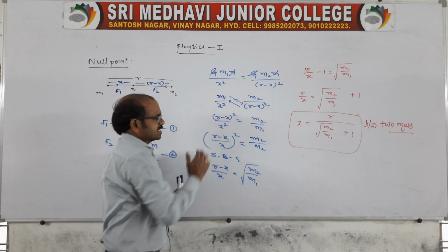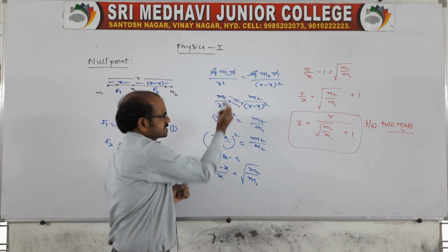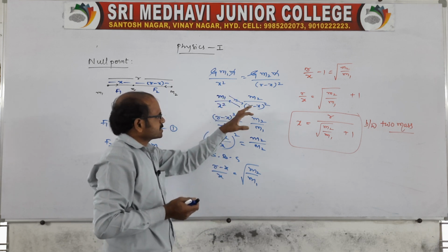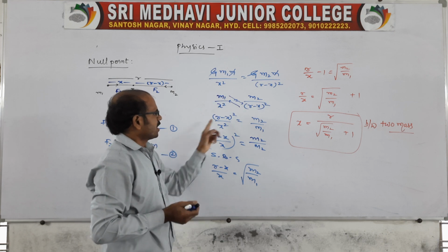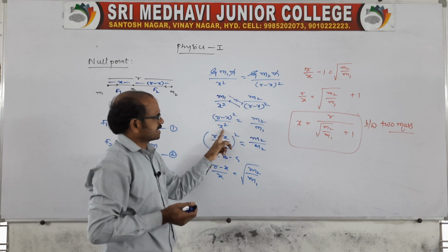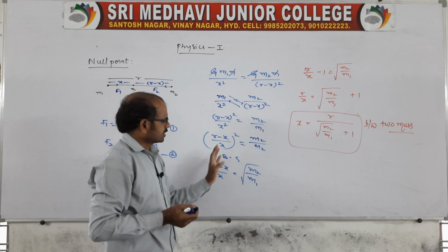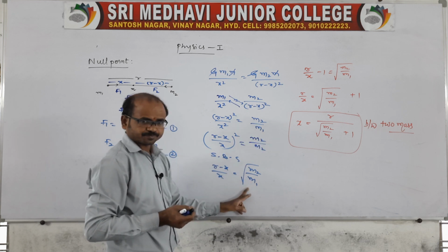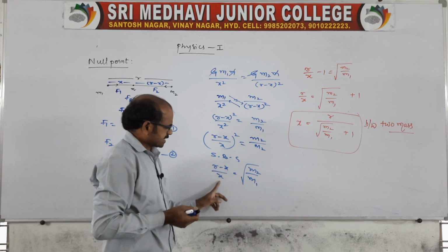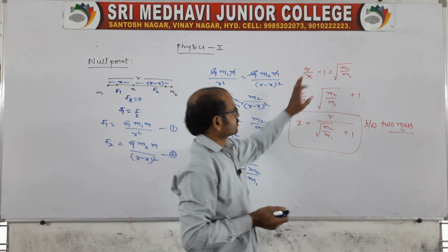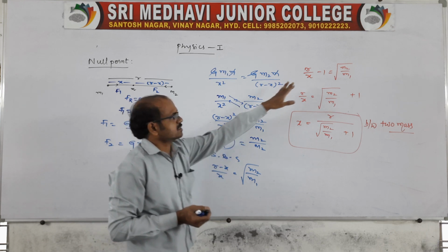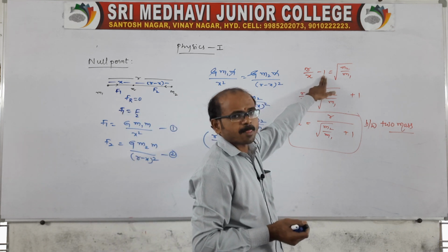Now you cross multiply, because we need to get the x value. For that purpose you take a cross multiplication, r minus x by x square is equal to m2 by m1, and you take the square root on both sides, therefore we will get root m2 by m1. So r minus x by x, here you divide x separately, r by x minus x by x, x cancels, that is 1.